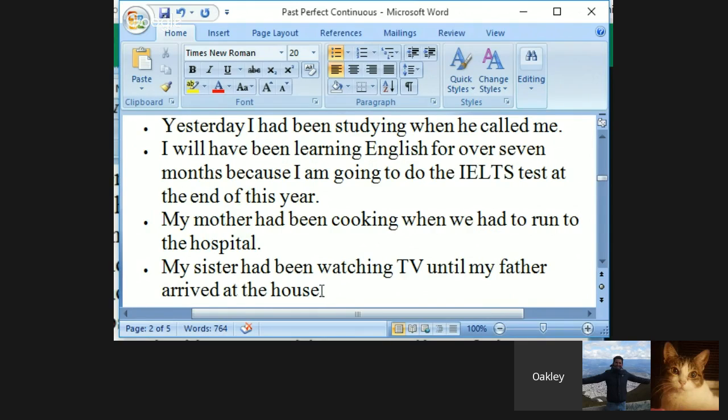Okay, I can use arrive at home. So my father arrived at home. Yes, you can. What you can never do, though, never say to home. I went home. I came home.